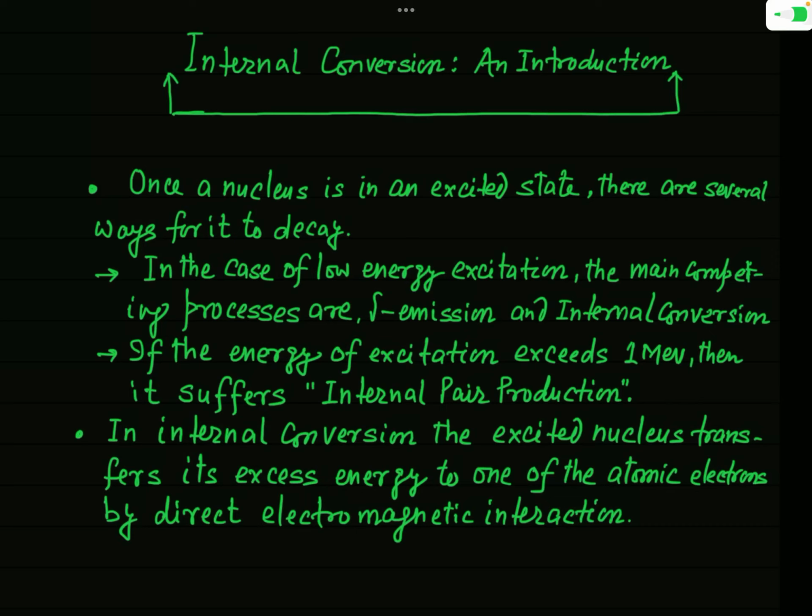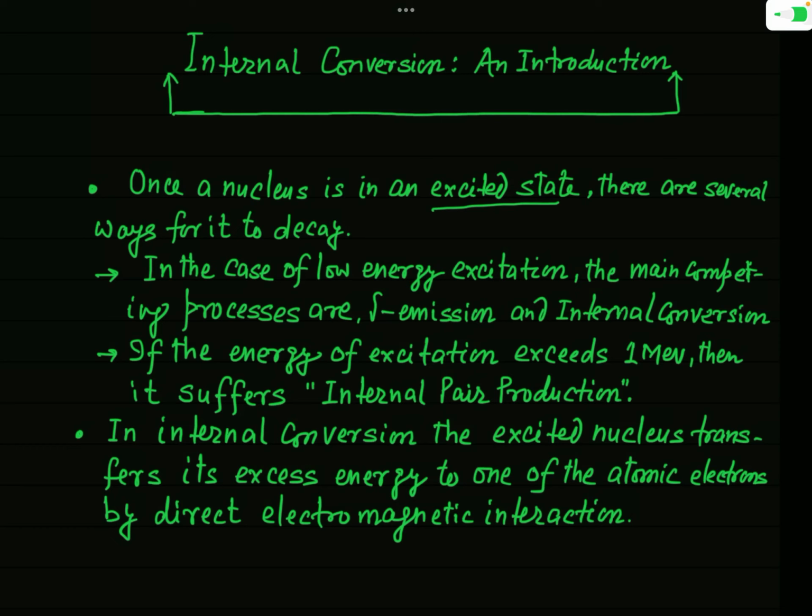In fact, when a nucleus is in an excited state, the nucleus gets rid of the excited state by emitting energy, and this is not only by the gamma decay process, but there are several ways in which the nucleus gets rid of the excited state.